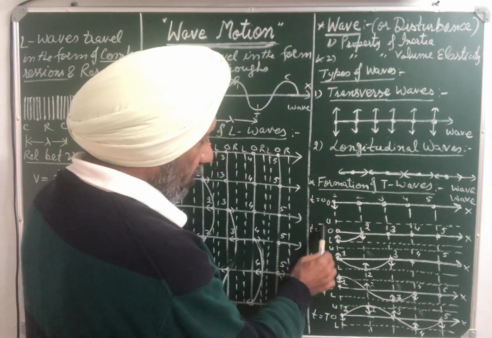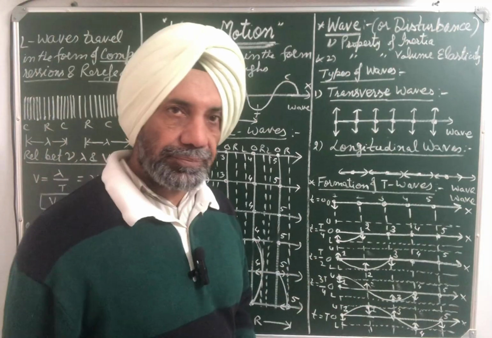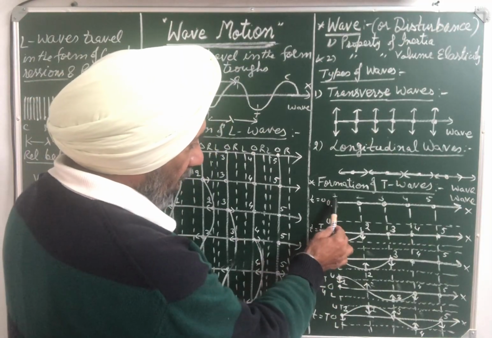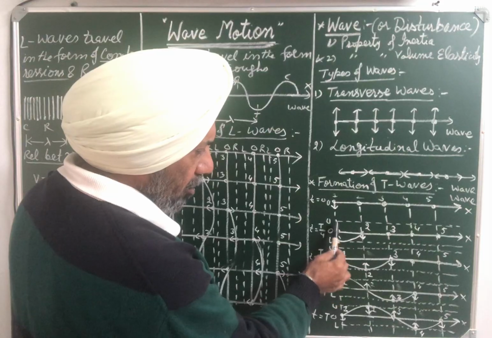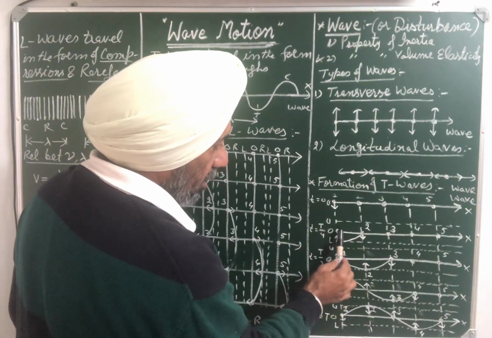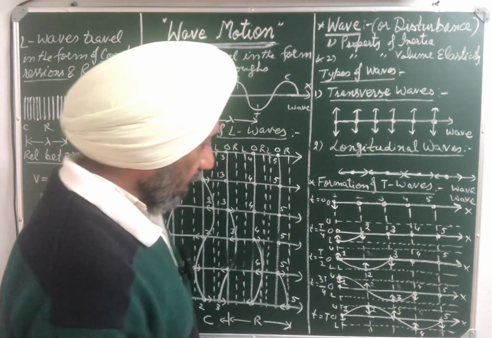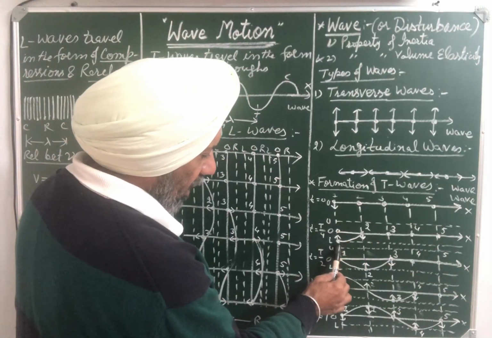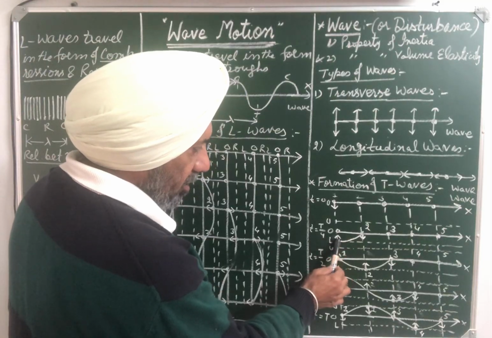Now after t = T/4, 1/4 of the time period, particle 1 will reach the lower extreme. This is the mean position, and the upper and lower extreme positions are shown by dotted lines. So particle 1 completes 1/4 of a vibration and reaches the lower extreme.